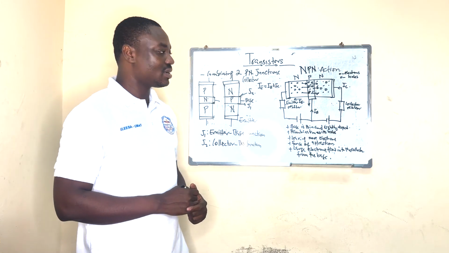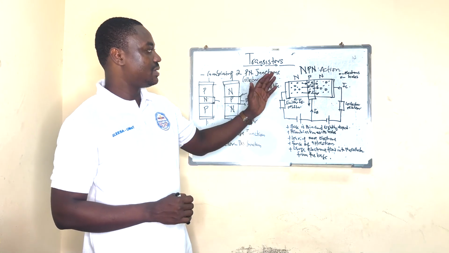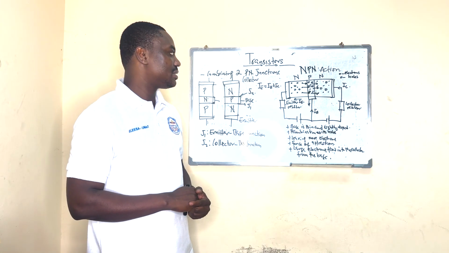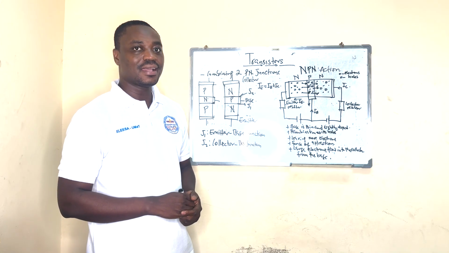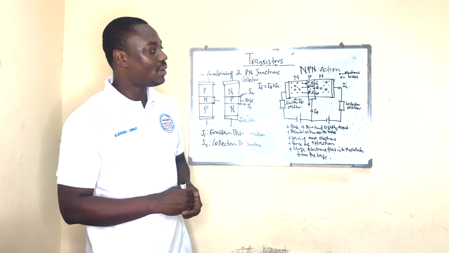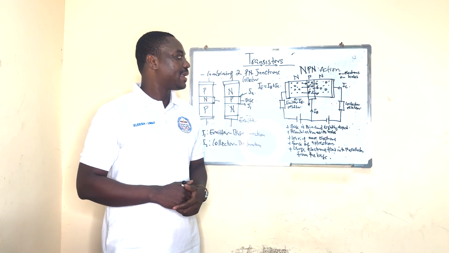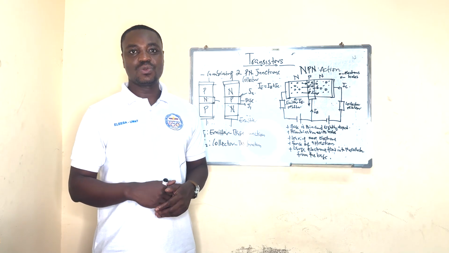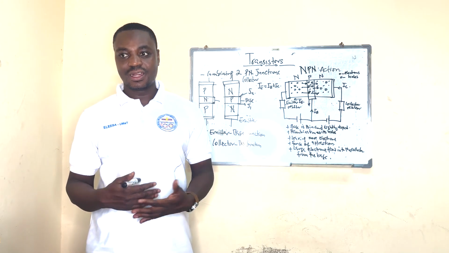So from here, we talk about one of the bipolar junction transistors, which is the NPN, and we talk about its transistor action. What that means is that we are trying to see how an NPN bipolar junction transistor is going to conduct current. It's going to allow current to pass through it.